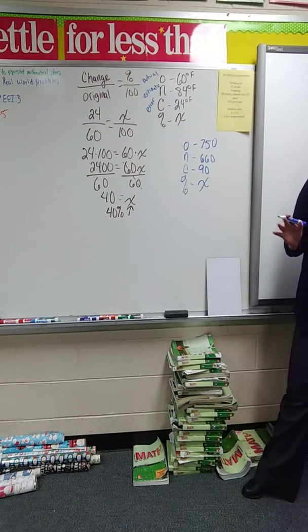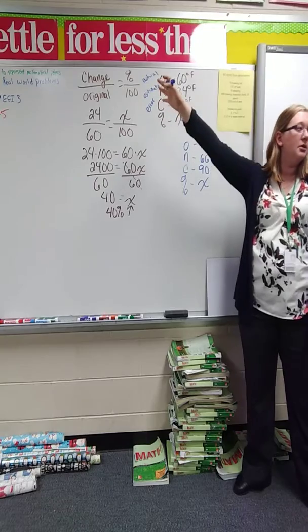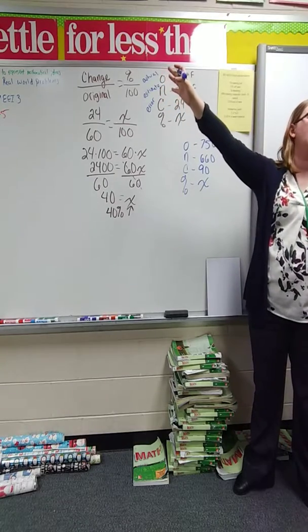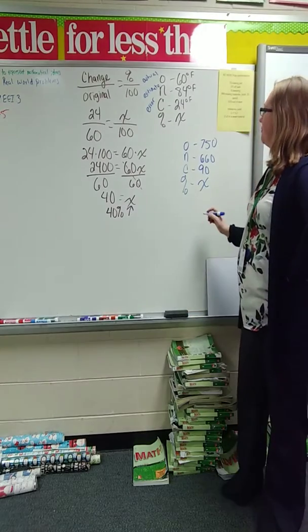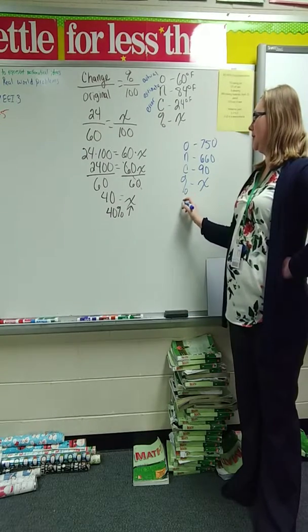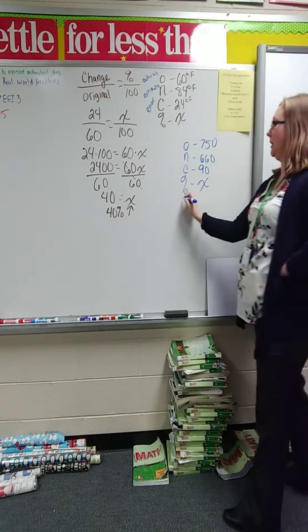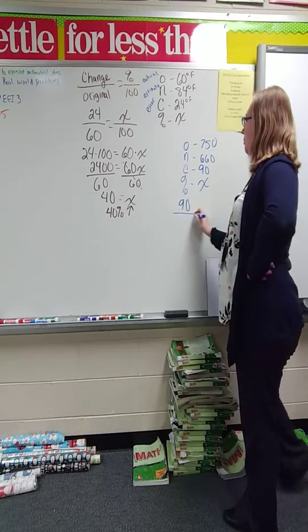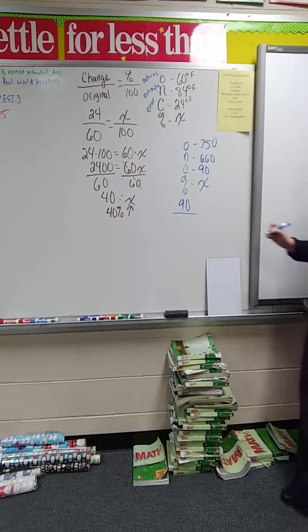So, this is what we've got. Can we use the same formula? Yeah. Are we going to? Yeah. So, my change is what? 90. What is my actual or original? 750.